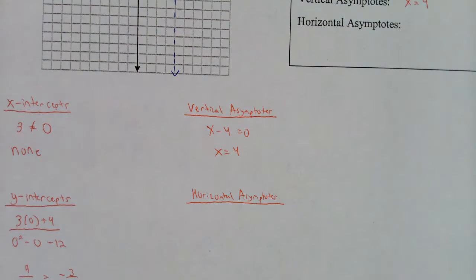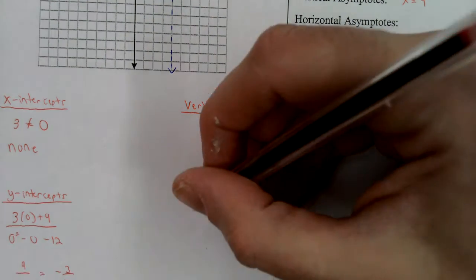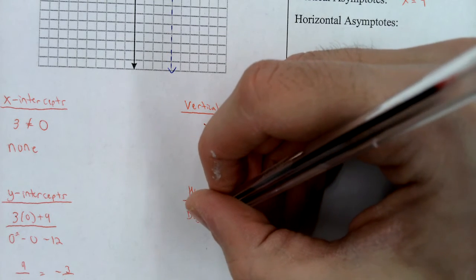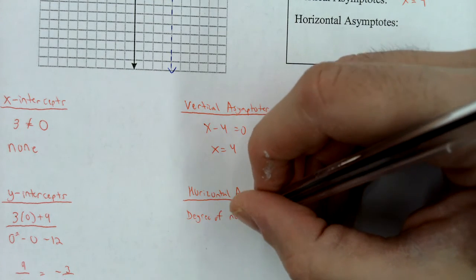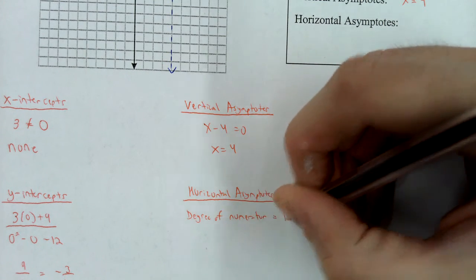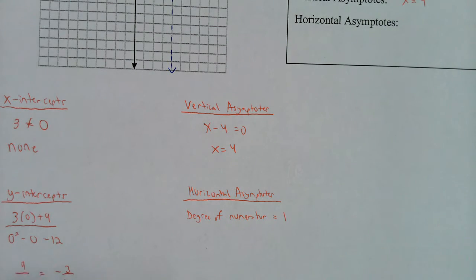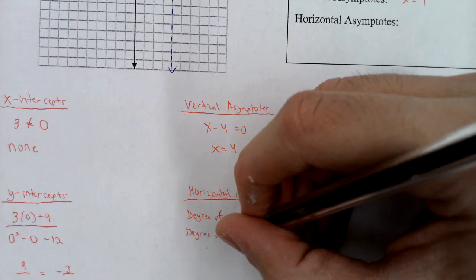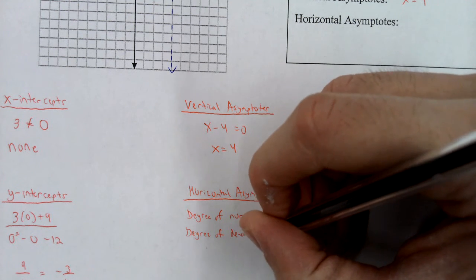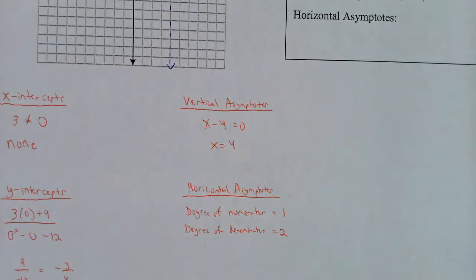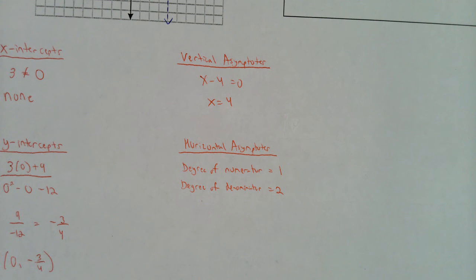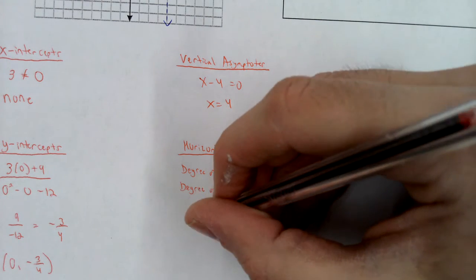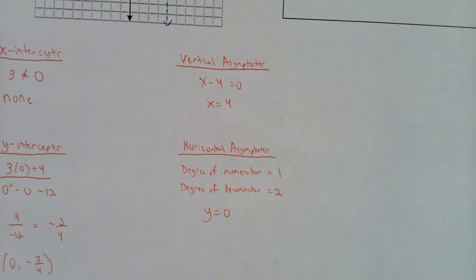The degree of the numerator equals 1. The degree of the denominator equals 2. If you think back to what scenario that is from yesterday's lesson, that's where the asymptote is y equals 0.